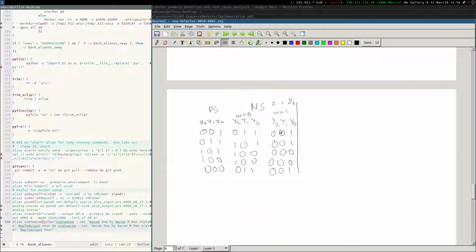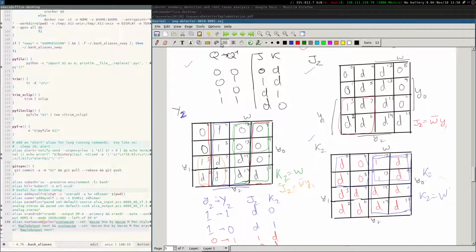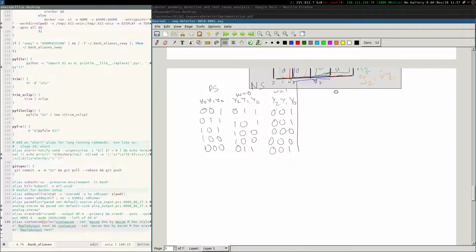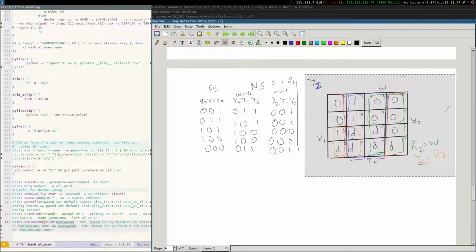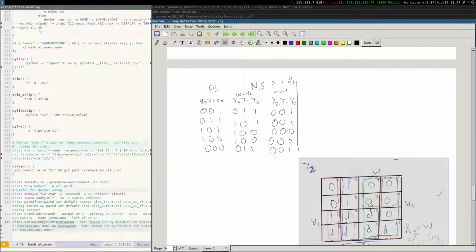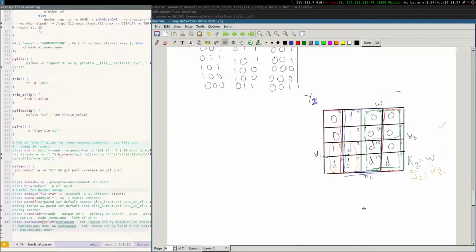We made a K-map for Y2 already, and let's try to do the same for Y1 and Y0.